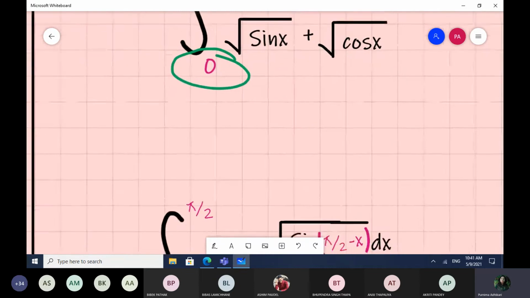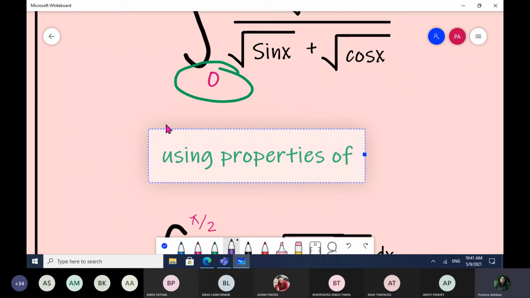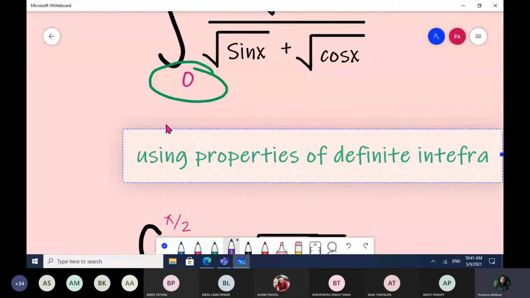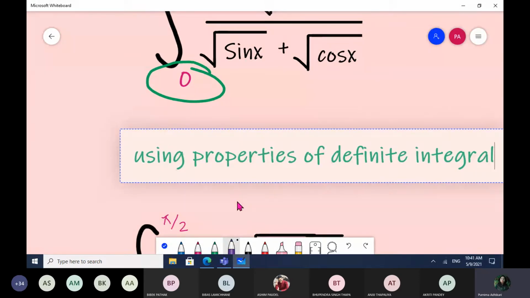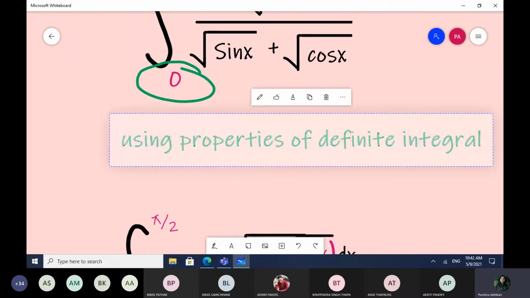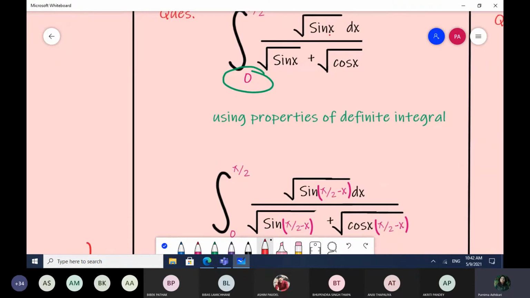So using properties of definite integral, which property are you using? Property number 4. According to that property, wherever there is x, replace it by pi by 2 minus x.